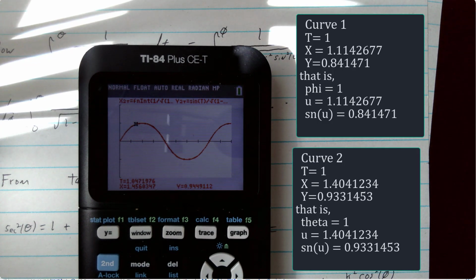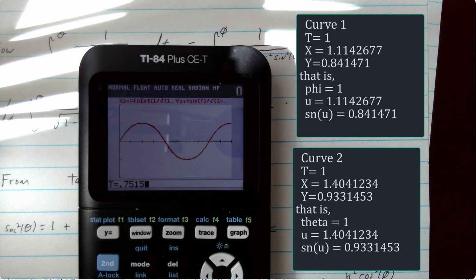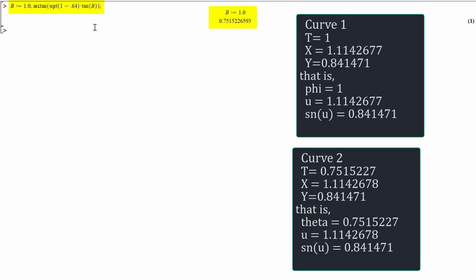If I go to 0.7515227, might be enough decimals. That's the same x and y value. All right, so I just did the arctan square root of 1 minus k squared, which is actually 0.6, but decided to leave it in that form, tangent of that value.